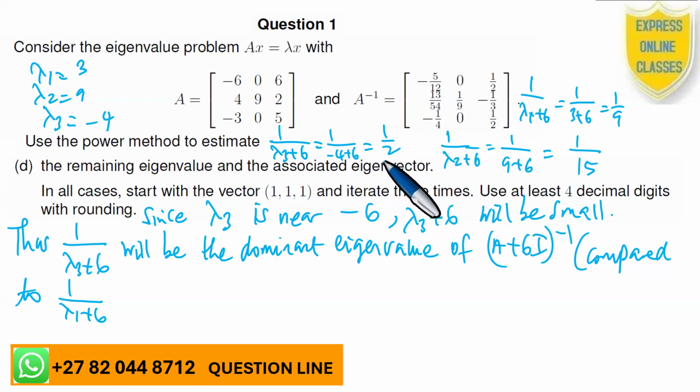So you're able to see that lambda 3 plus 6 will be small.